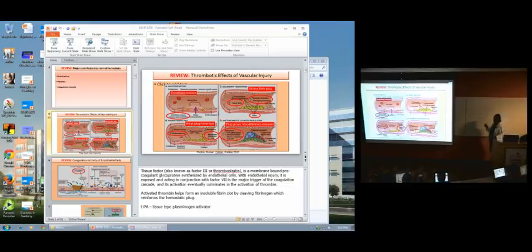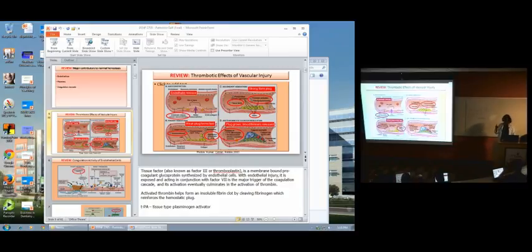Tissue factor is also referred to as thromboplastin or factor 3. In conjunction with factor 7, it now triggers the coagulation cascade. You have activation of thrombin. What thrombin really does is help form a more stable plug by causing the breakdown of fibrinogen into fibrin. And when you have fibrin, that's the more stable clot.